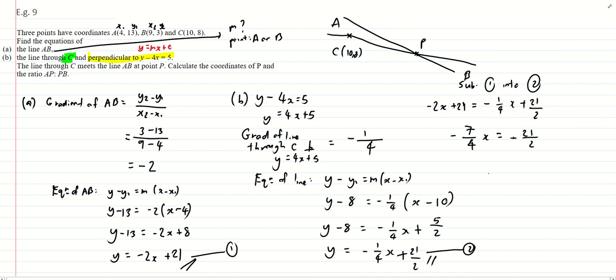So simplify this, I have x equals negative 21 over 2 divided by negative 7 over 4, that will get me 6.